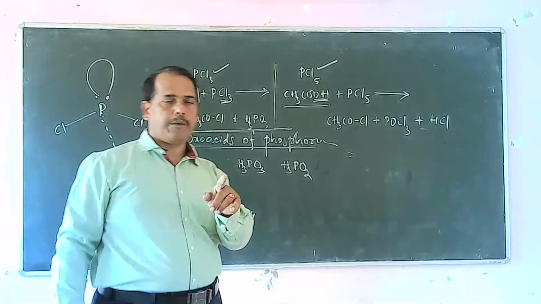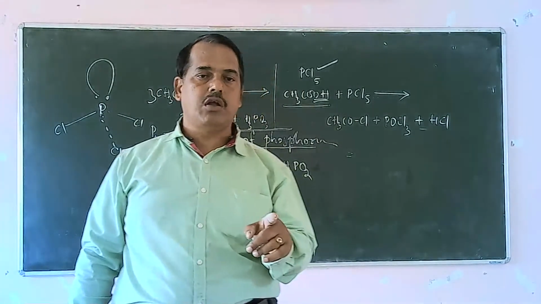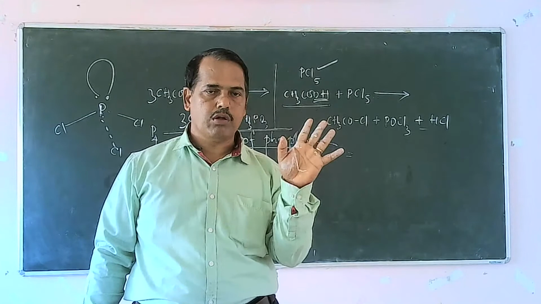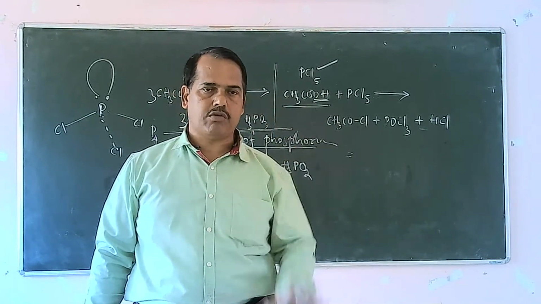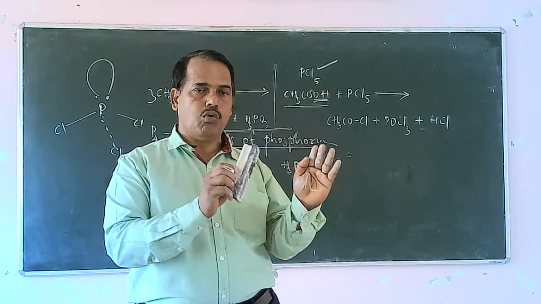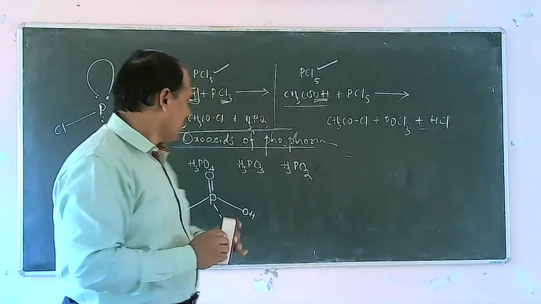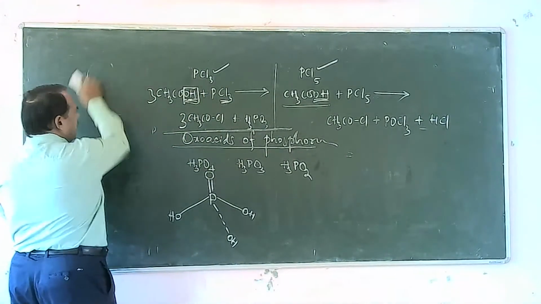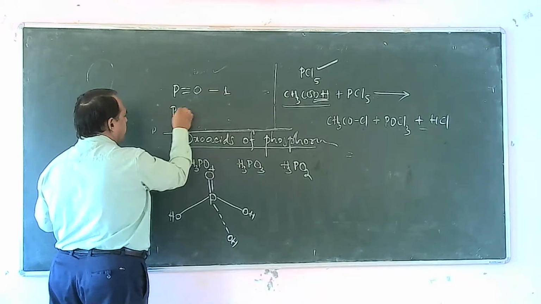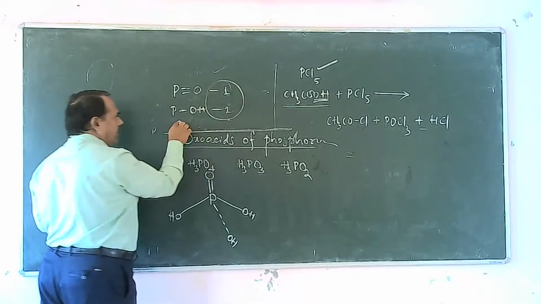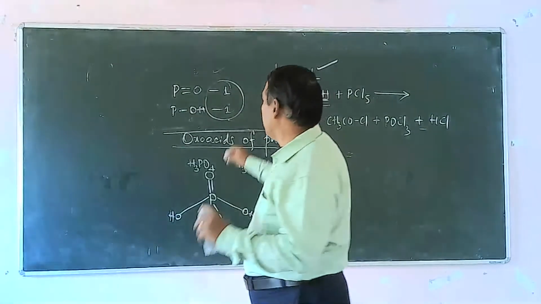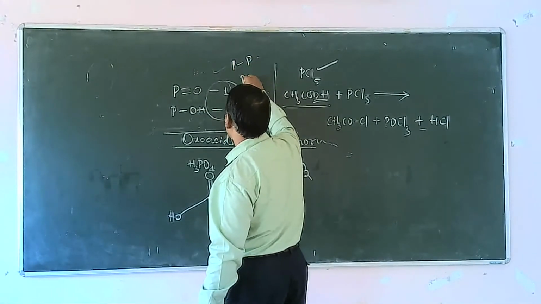In any oxoacid of phosphorus, there must be one P=O double bond and one P-OH. Any acid of this kind must contain one P=O double bond and P-OH. With a different oxidation state, as in pyrophosphoric acid, we can find even a phosphorus to phosphorus bond and a phosphorus to H bond.